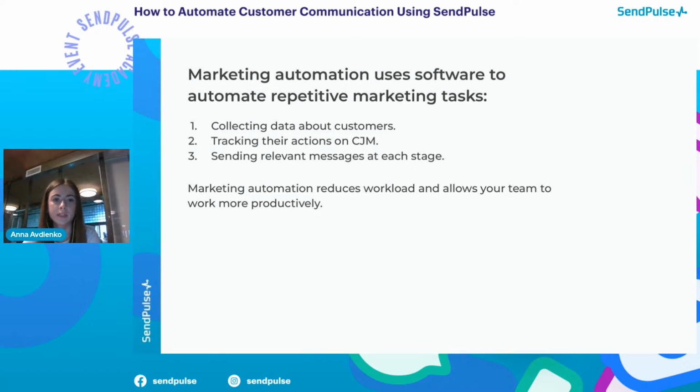First of all, what is marketing automation? Marketing automation helps to perform repetitive tasks, such as collecting data about customers, tracking the action on their customer journey map, sending relevant messages at each stage. And marketing automation is quite useful to combine a lot of tools, a lot of services in one tool.